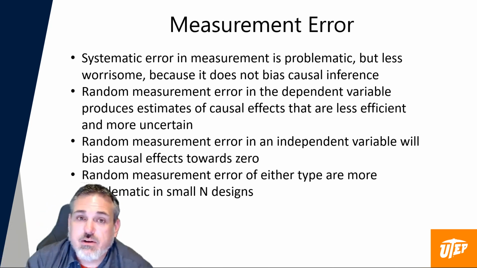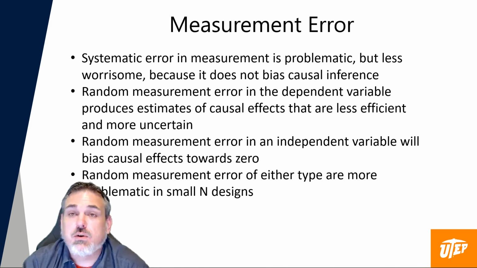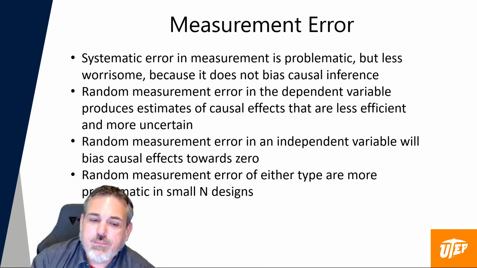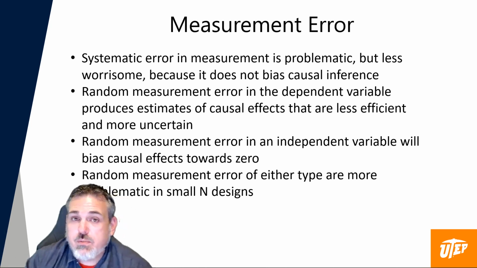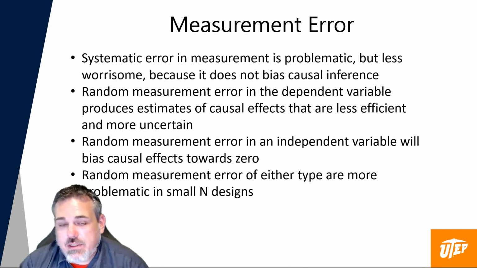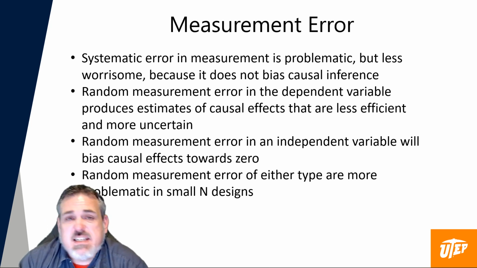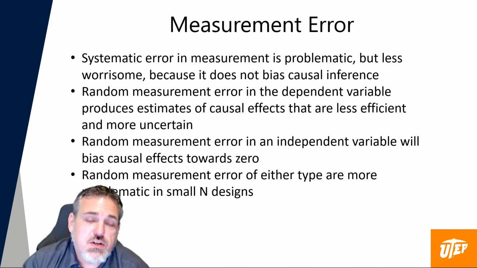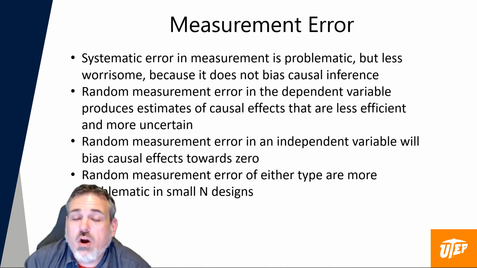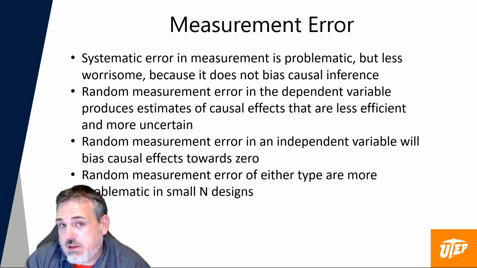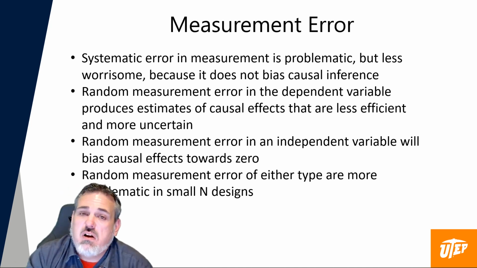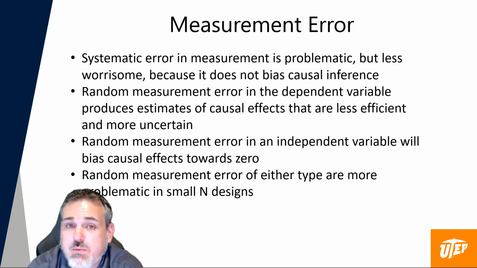They're not as much of a problem unless they're widely prevalent. But when you're dealing with a small N design, either type of measurement error can basically create a circumstance where you aren't going to have any causal inference because your measures are simply not measuring the concepts which you want them to measure.